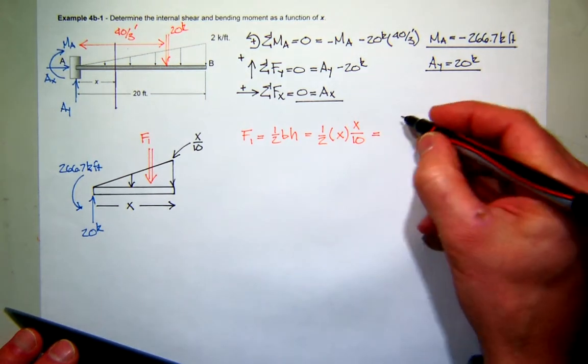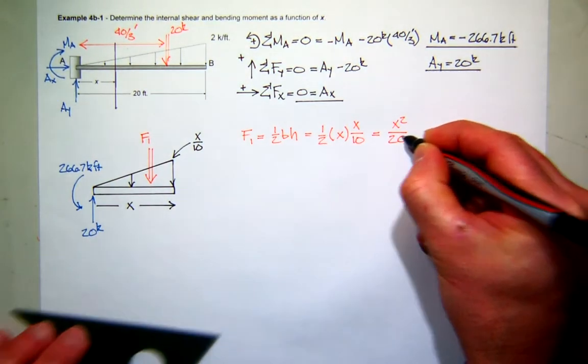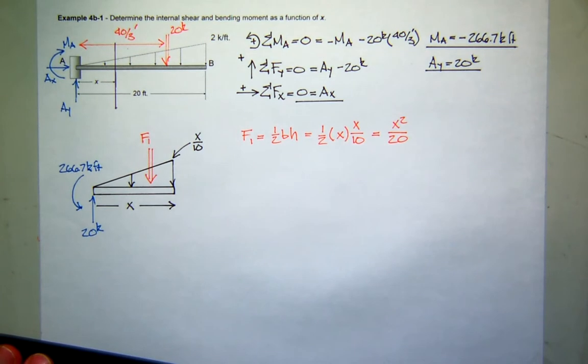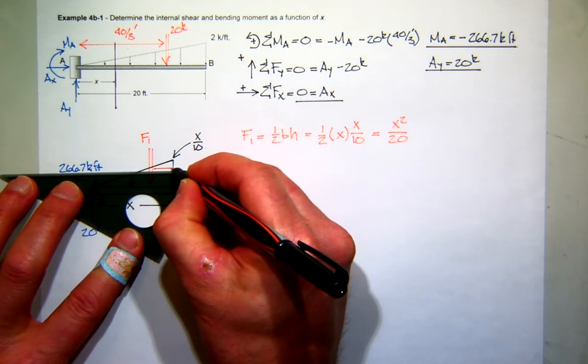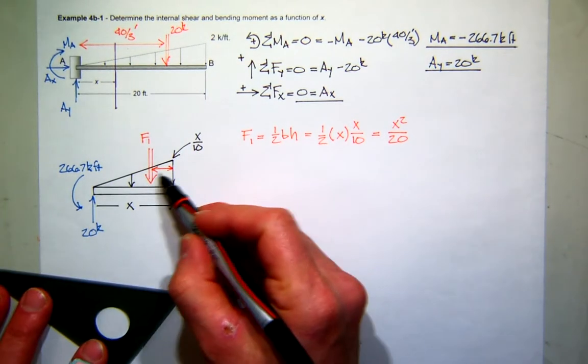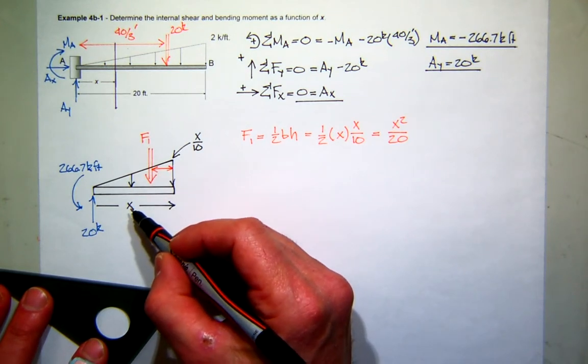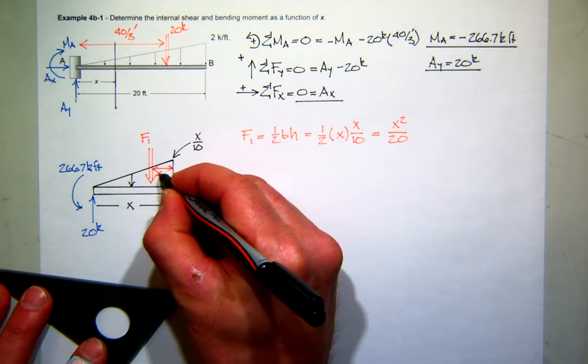So that gives me a force that's x squared over 20. And the distance from the cut to the force is what? The centroid is located how far from the big end? 1/3 of the base is x over 3.